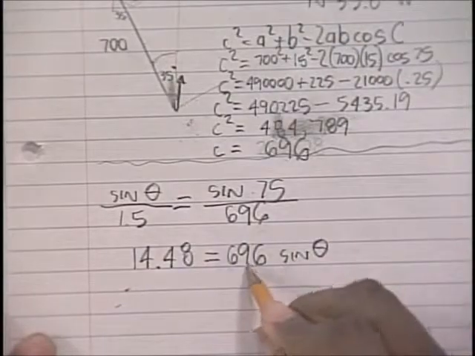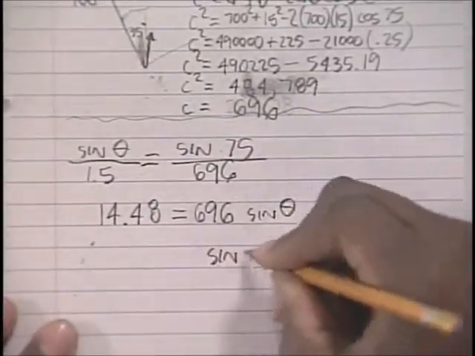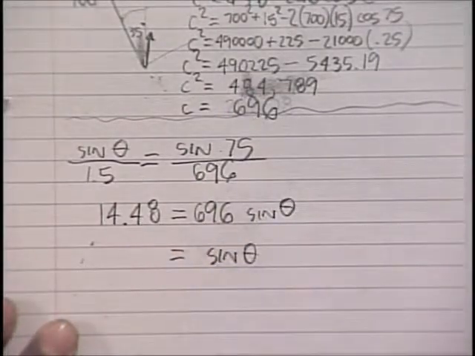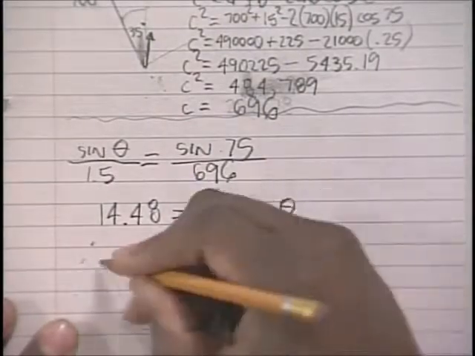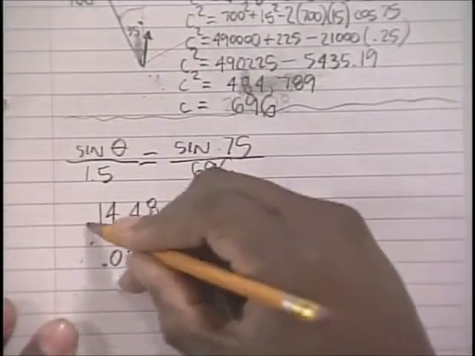Let's divide by 696 on both sides. We get the sine of theta is equal to 14.48 divided by 696, which is 0.02.